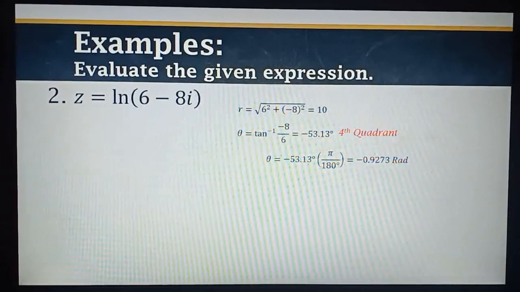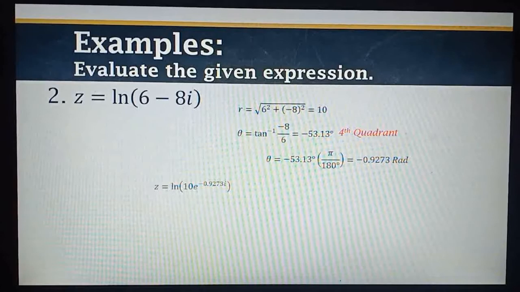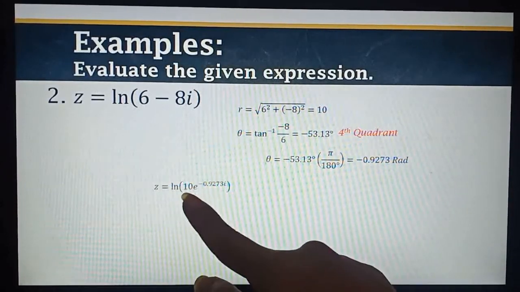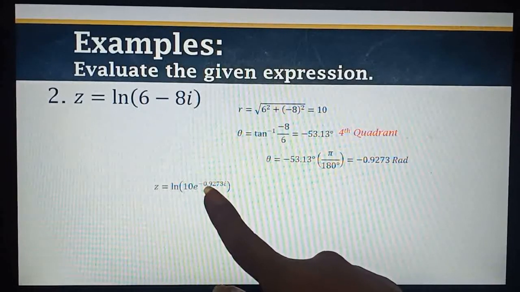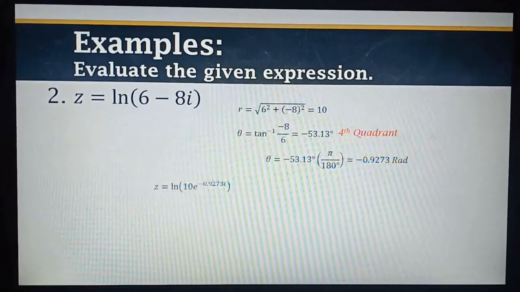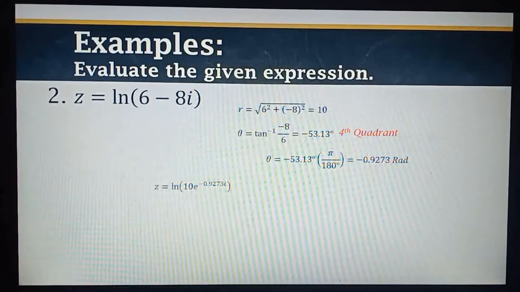0.9273 rad. So applying that to the ln of the complex number, that can be ln of the r, which is 10, then e raised to theta, which is negative 0.9273 multiplied by i. Then we apply again the ln of r plus theta i.